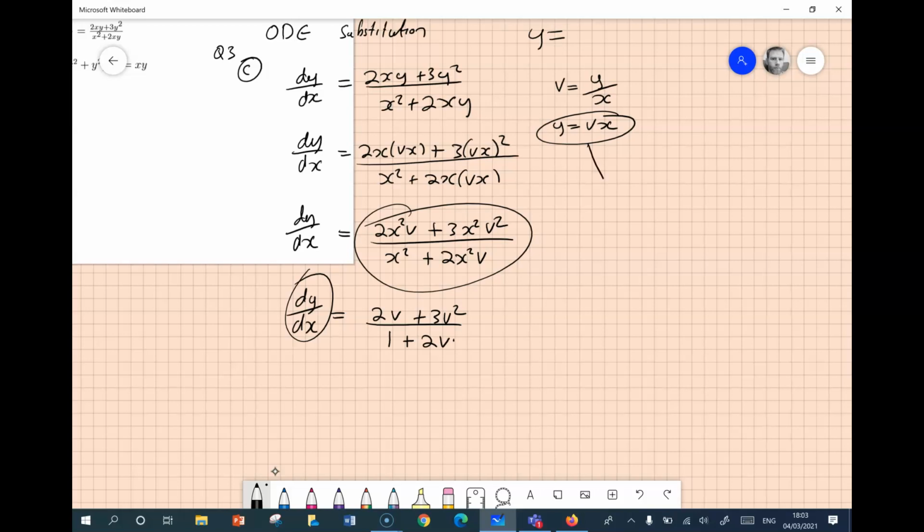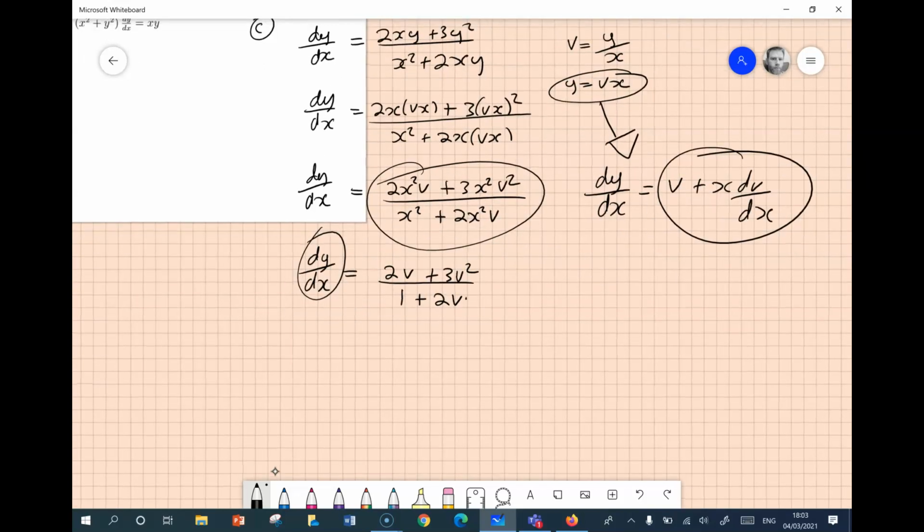So again, we go back up to y equals vx and differentiate it, so dy/dx is equal to v plus x dv/dx. If you can't remember how to do that, look back at the first video from this set on substitution, where it's explained. It's just the product rule. So I'm replacing my dy/dx with v plus x dv/dx equals (2v + 3v²) over (1 + 2v).